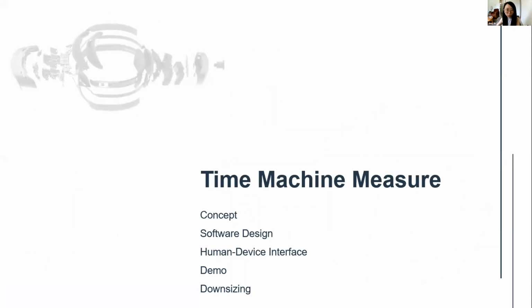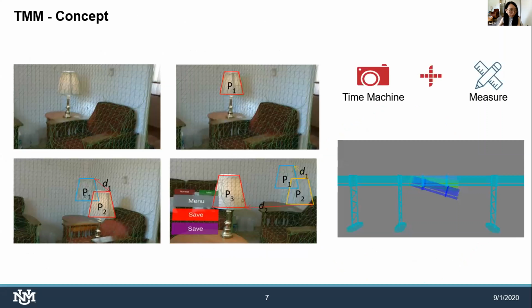So next, let me introduce the Time Machine Measure application. We call it the TMM application. The TMM application contains two primary functions. One is called time machine, and the other is the measurement.